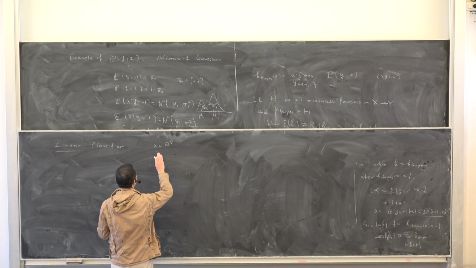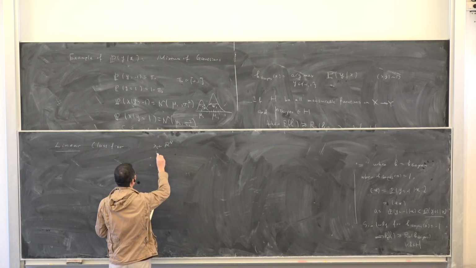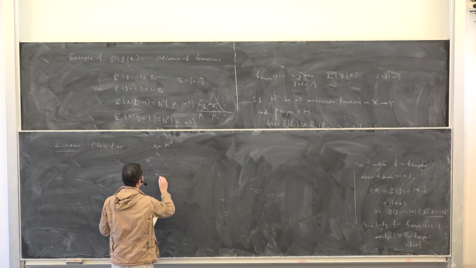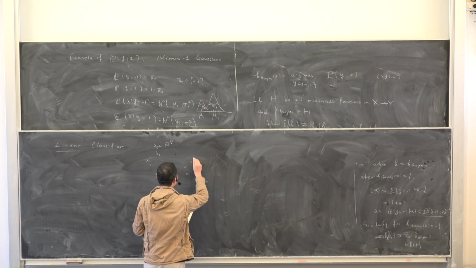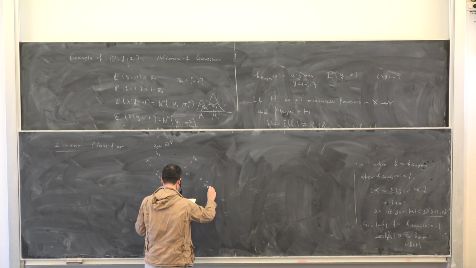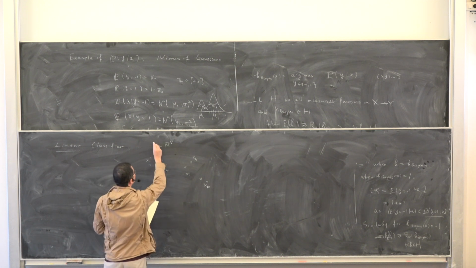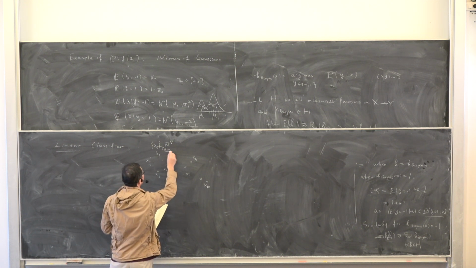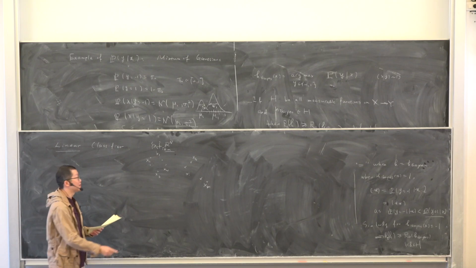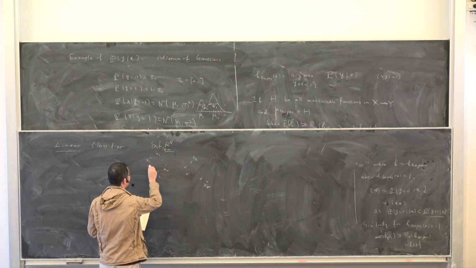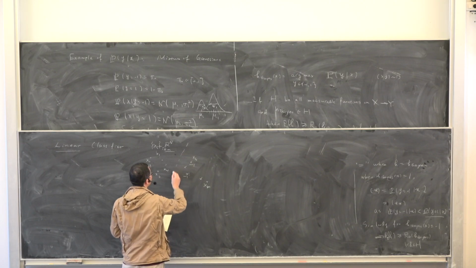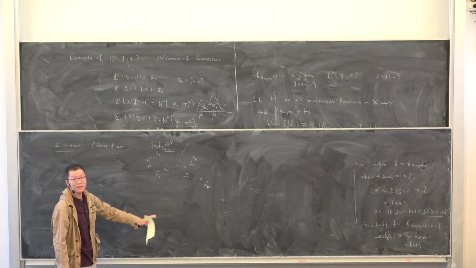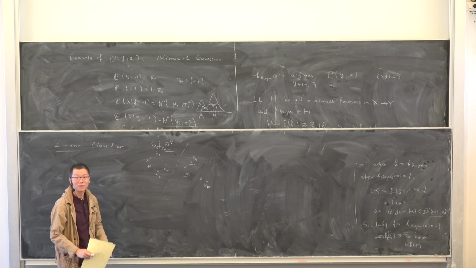Let's assume we have X1 to Xm, so there are m data points, and you know a priori what label each has: this is the +1 label, and this is the -1 label. And we are trying to find a linear plane which can separate these two groups of points.